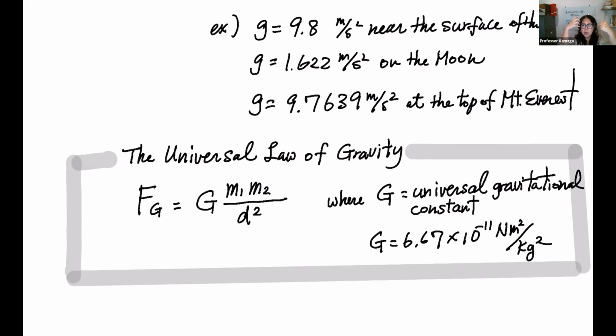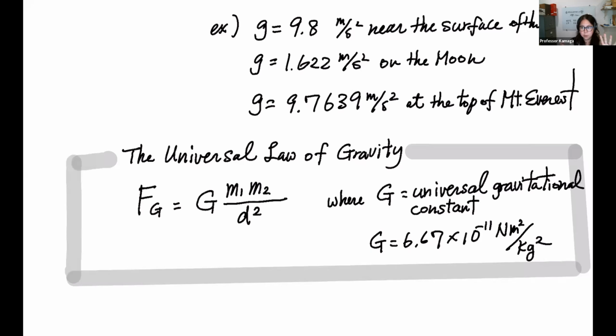So you have m1 and m2. Every time you have a mass, you're going to have a gravitational force. This gravitational force between them applies towards each other as an attractive force. The gravitational force on m1 due to m2 goes towards m2. The gravitational force on m2 due to m1 goes towards m1. So it's an attractive force, and the magnitude is the same.